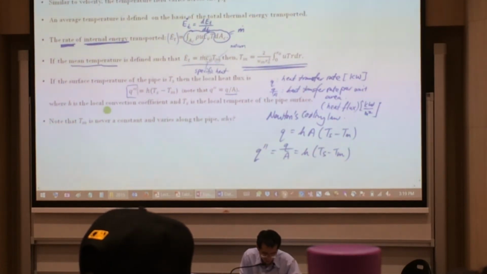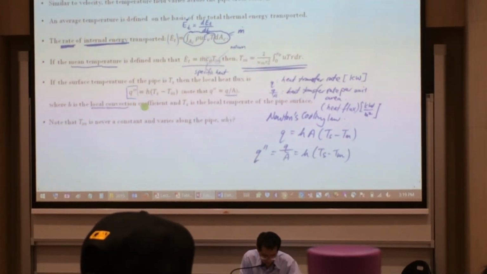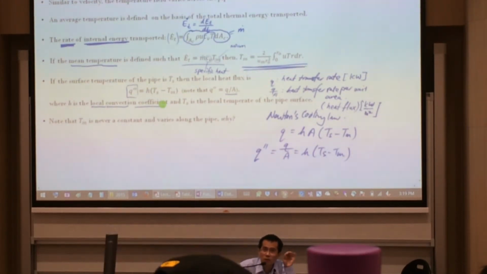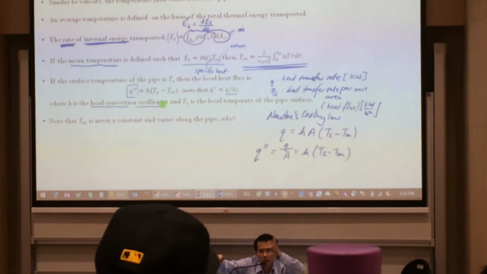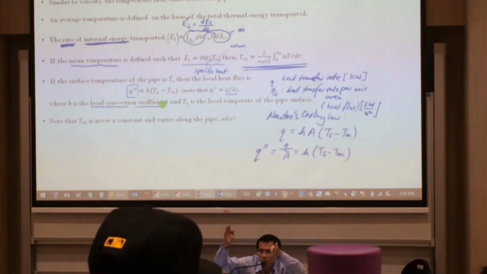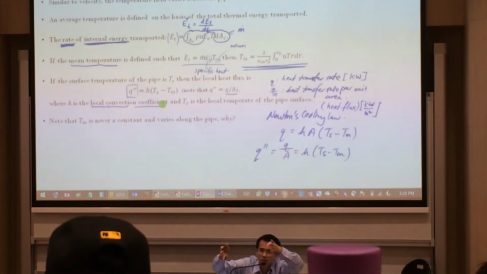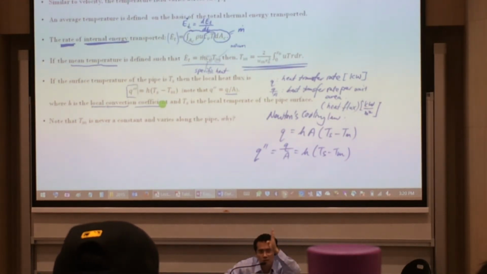So h here refers to your local convection coefficient. There's something about this word local. Remember I was saying that if you have a plate, at any section, your h value will be different from the other section. That's because there's flow passing through. So that h value, we call it a local heat transfer coefficient.